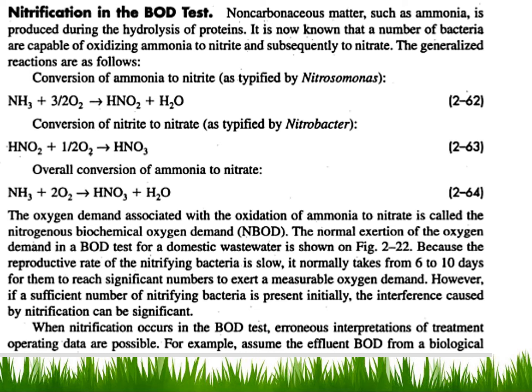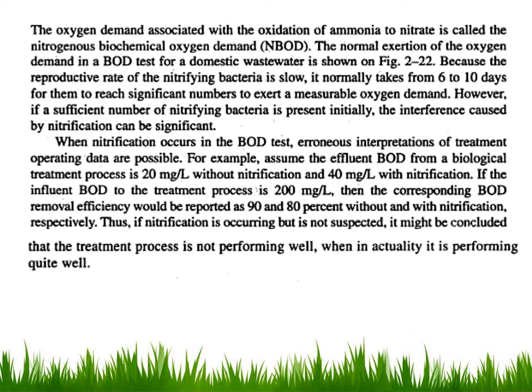The reproductive rate of nitrifying bacteria is slow, and it normally takes 6 to 10 days for them to reach a significant number to exert measurable oxygen demand. However, if a sufficient number of nitrifying bacteria is present initially, the interference caused by nitrification can be significant. So let's go through it.